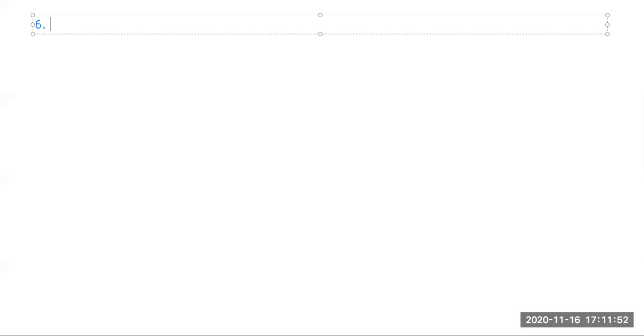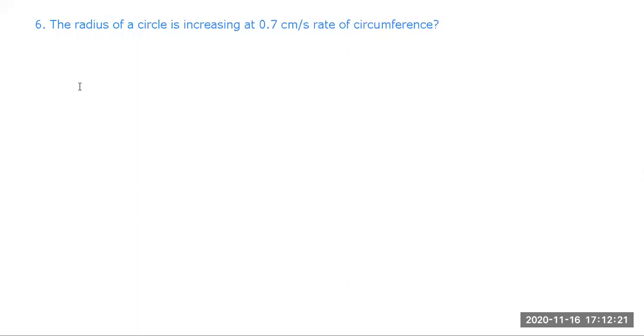So I'll type it. The radius of the circle is increasing at 0.7 cm per second. That's the question.